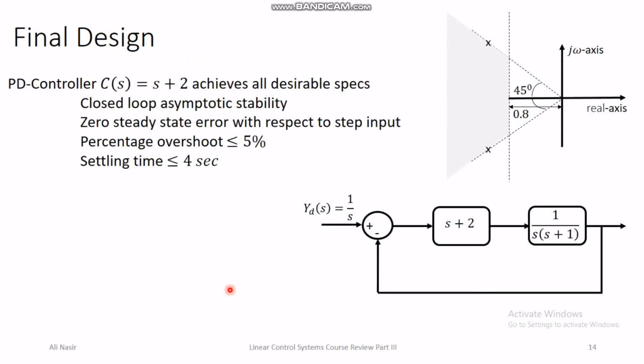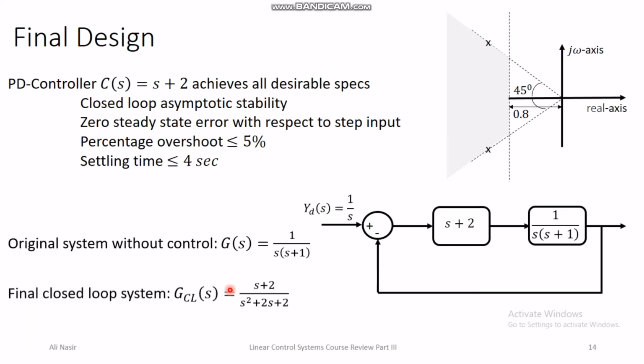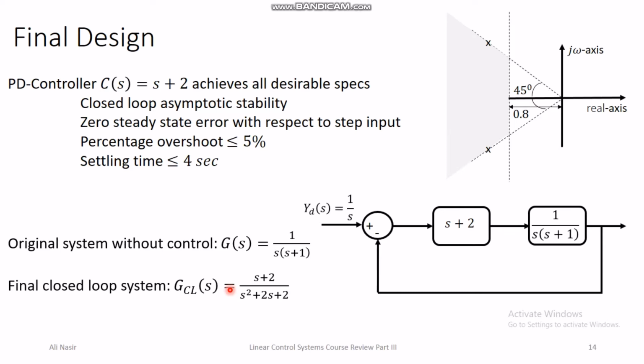Then the final design is of course a PD controller, and this type of design is not always possible. This example was an easy one. If the desirable pole locations are not strict enough for the controller and the plant, then you can always find the gains.